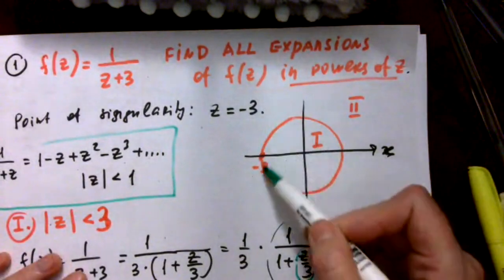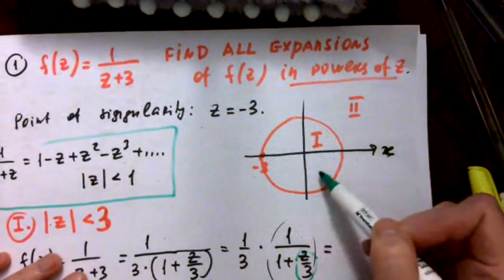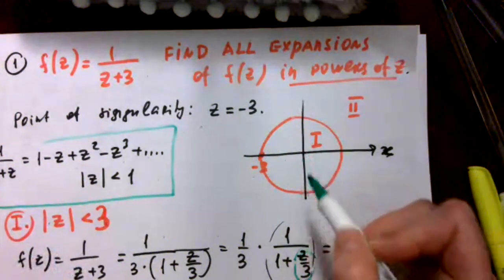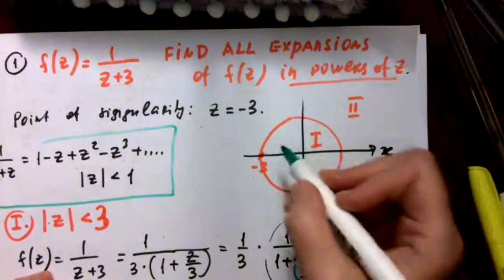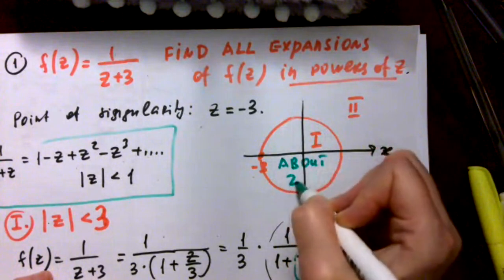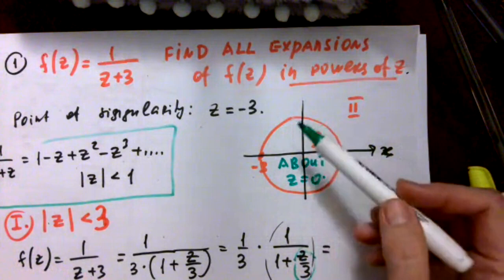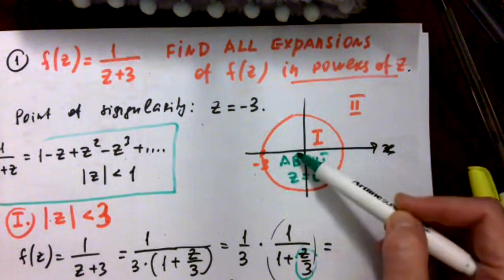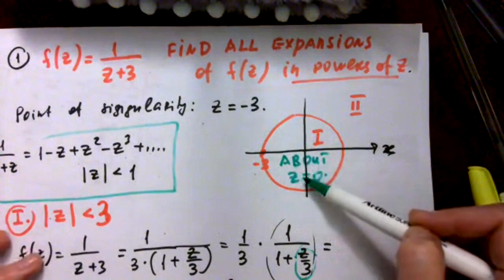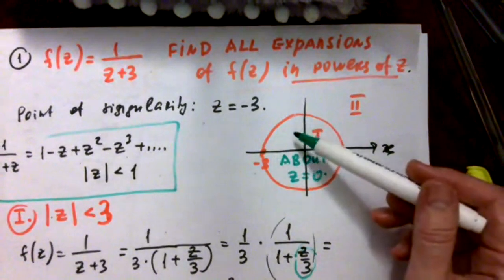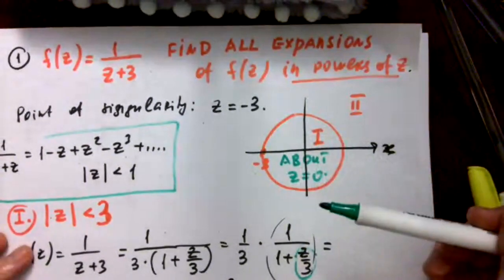It turns out that this circle actually contains 0, z is equal to 0, at the origin. And that is why this expansion can also be called about z is equal to 0. So this expansion, which encircles, or contains, z is equal to 0, could be called an expansion of our function about z is equal to 0.